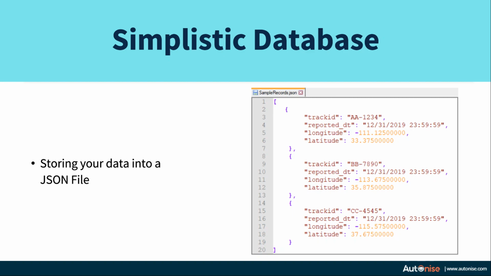You can't do multiple read write operations simultaneously, and it's not efficient to store your entire database always on the hard disk. So there are a lot of limitations to having such a simplistic database, but even storing your data into a JSON file, reading it, and updating it should provide the basic tasks that a database management software does.